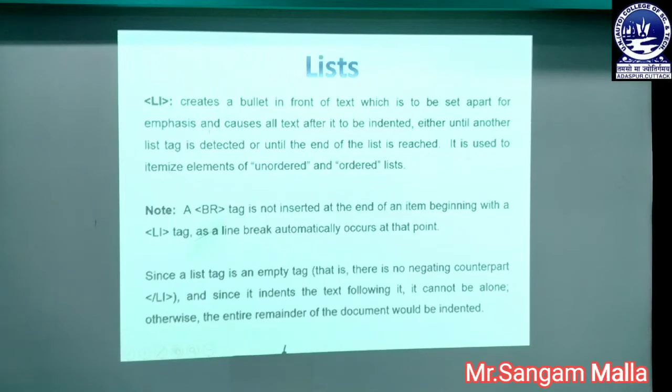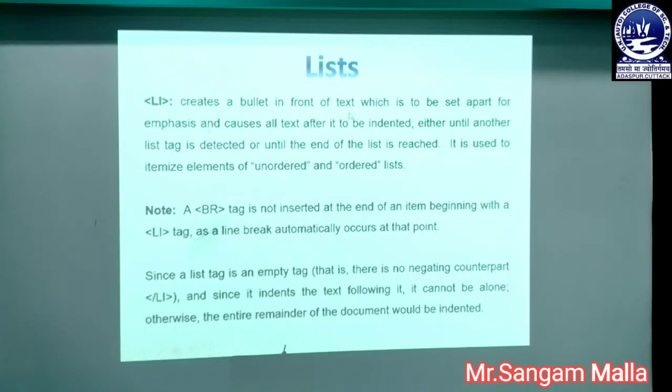It is used to itemize elements of an unordered or ordered list. That means we have two types of list, unordered list and ordered list, which we will describe in the next slides. For the time being, the list tag is used to create a list which automatically implements a bullet to the text.